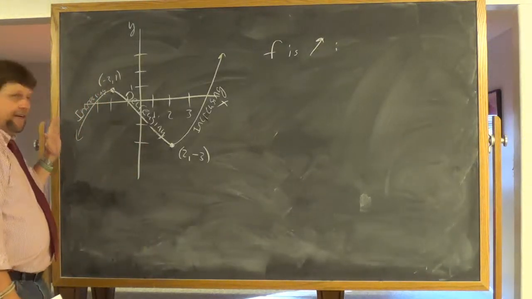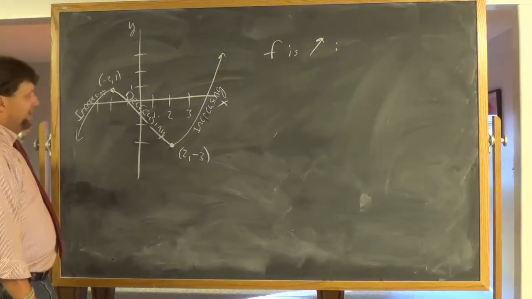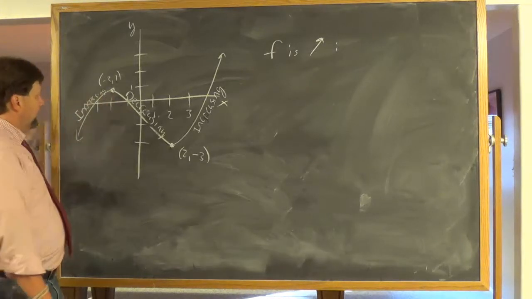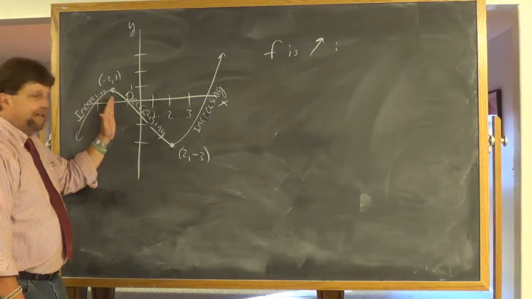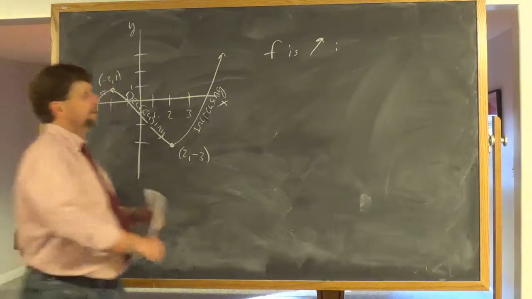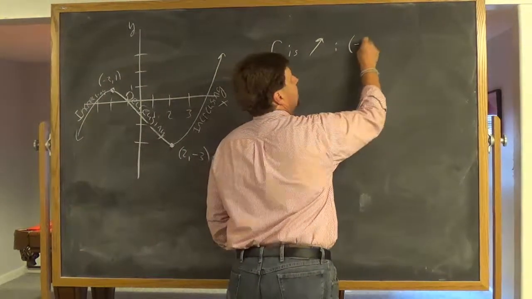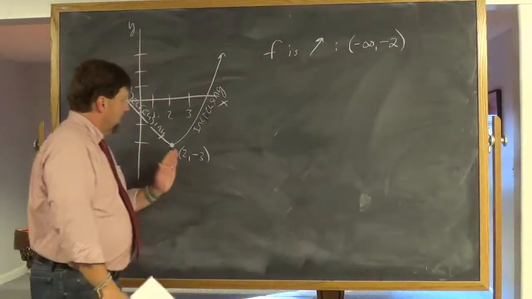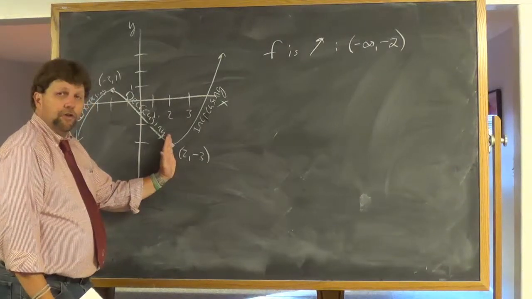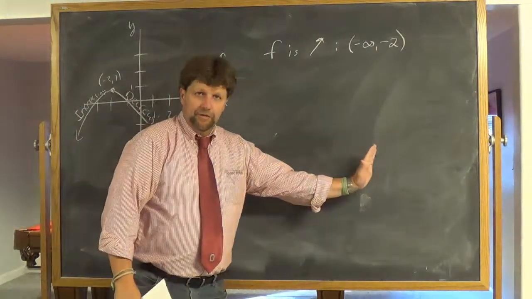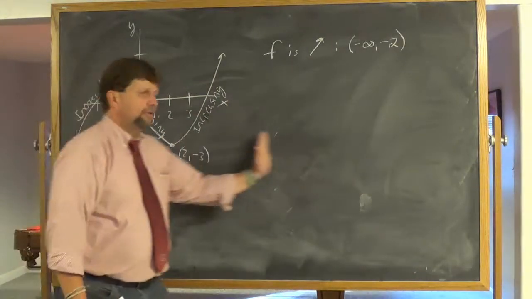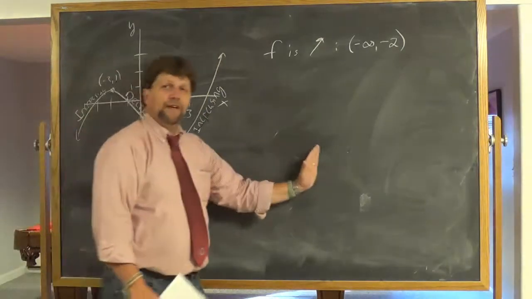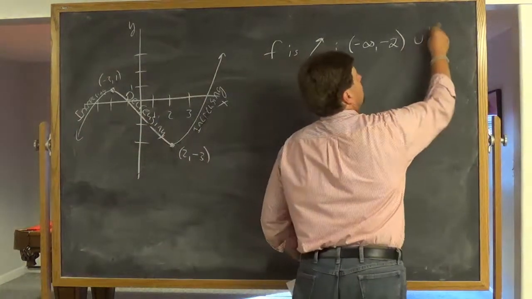So from negative infinity, starting off way off the board here, up to an x value of -2, the function is increasing. Also, from an x value of 2 out to infinity, it's increasing. So from 2 to infinity, it's increasing.